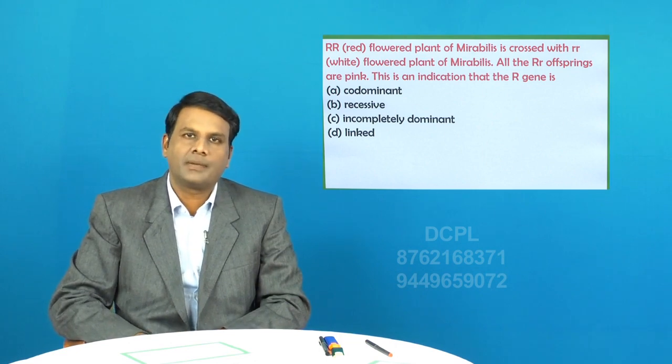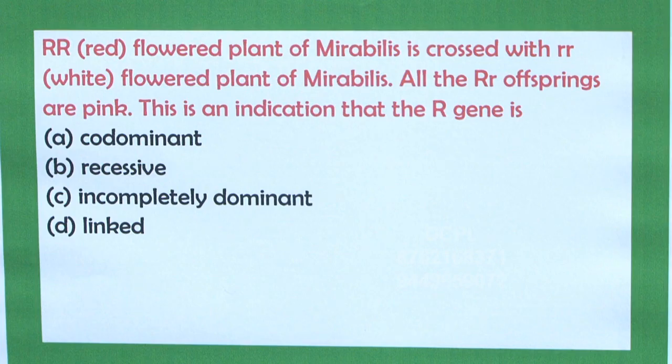Option B is recessive. A recessive gene is one which does not express in the presence of a dominant gene. That is what Mendel observed in his experiment when he crossed a heterozygous tall plant. The plants became tall because of the dominant gene, wherein the recessive gene does not express in the presence of the other gene.